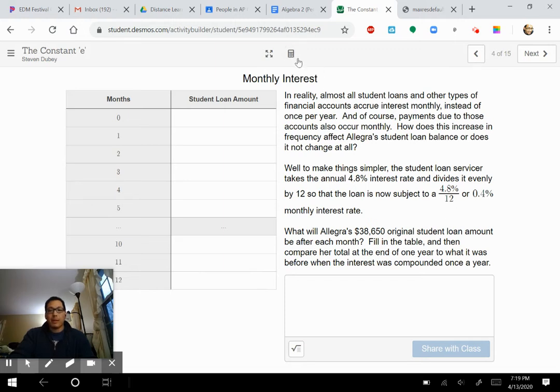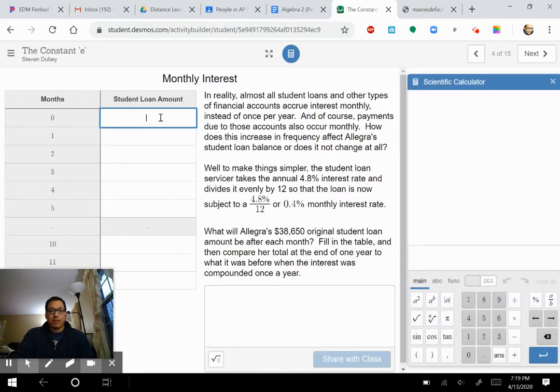What do you think? So let's see. First, she's going to have our original amount. Nothing's changed. And then 1 month later, we're going to increase it by 0.4%, which is that. So let's see.